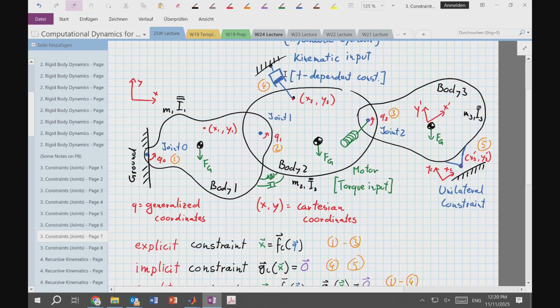So that distance is a function of time. If I would write this as a constraint equation, I would get something like x squared plus y squared, that's the distance, minus some distance that depends on t is equal to 0. And now you see here the explicit time dependency, which we didn't have before. Right here, x and y are functions of time, so this can move, but time doesn't explicitly show up.